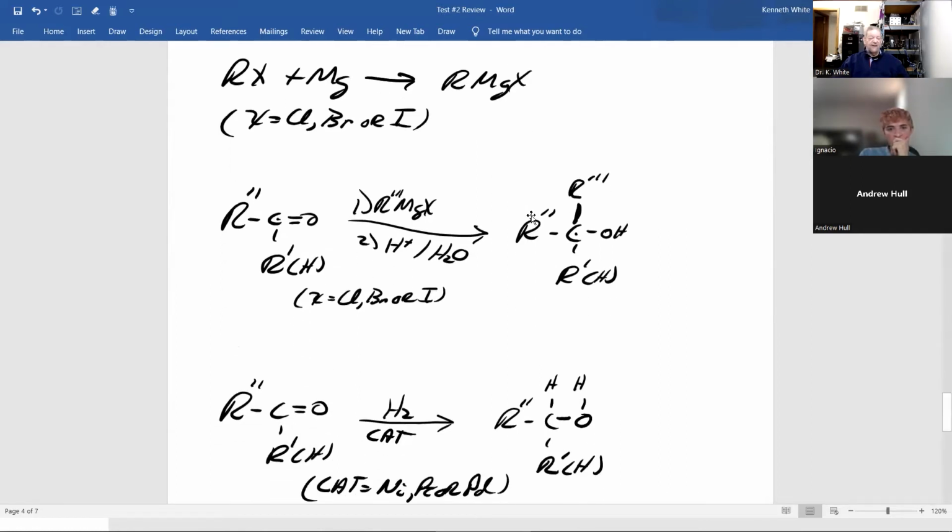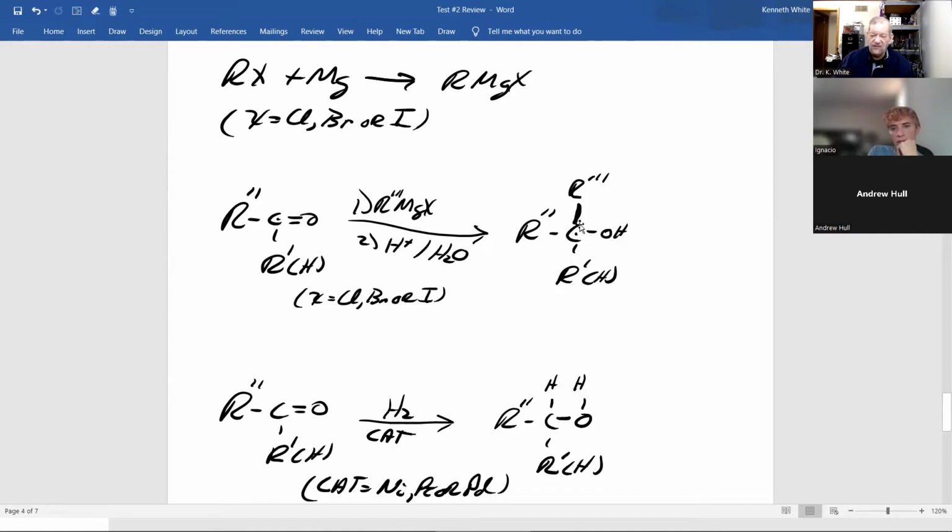The next one I won't. And that is when you take an aldehyde or ketone, first step, react it with a Grignard reagent. X can be chlorine, bromine, or iodine. Second step, acid and water. Keep your eye on the carbonyl carbon. What's attached to it? R prime or H and R double prime will still be there.